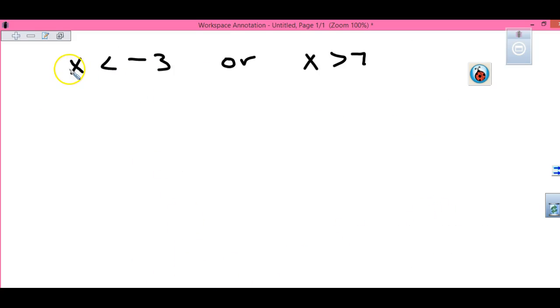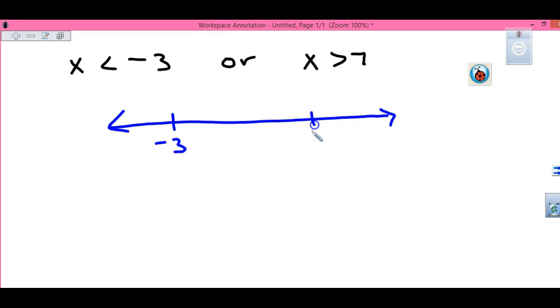If we have to graph the compound inequality x is less than -3 or x is greater than 7, can we create our number line? -3 and 7. Now x is all the numbers that are less than -3. So open circle on -3, and our graph points to the left, all the numbers that are less than -3.